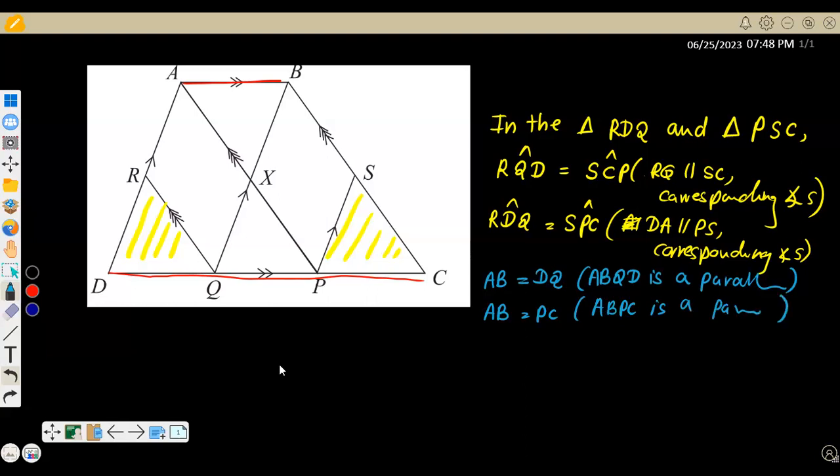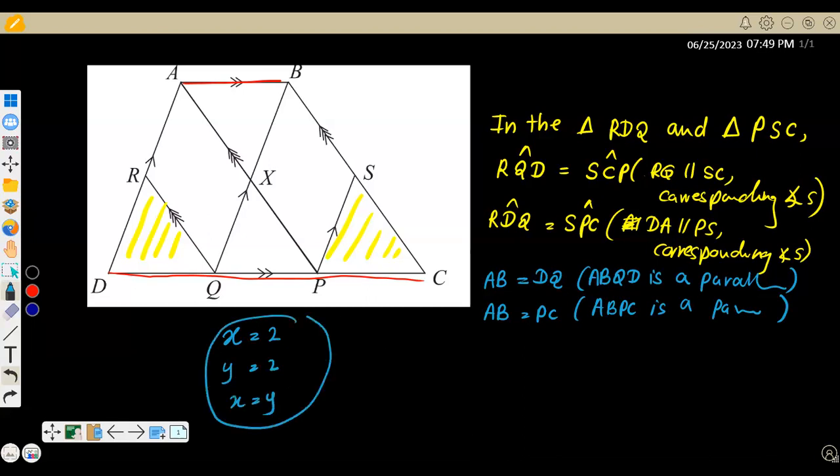In grade 9, you have learned that quantities which are equal to the same quantity are equal to each other. Can you remember that when x equals 2 and y equals 2, then x and y are equal to each other? This is mentioned by axiom 1.